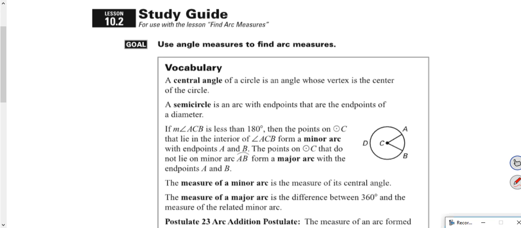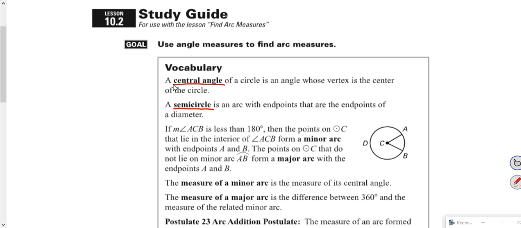So let's go over the geometry study guide here. So the vocab, we are talking today about central angles. The central angle of a circle is an angle whose vertex is the center of the circle. A semicircle, I think most everybody probably knows, it's a half circle.